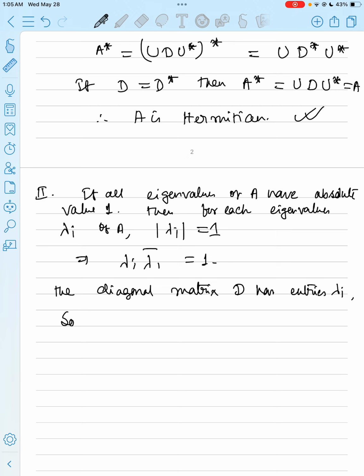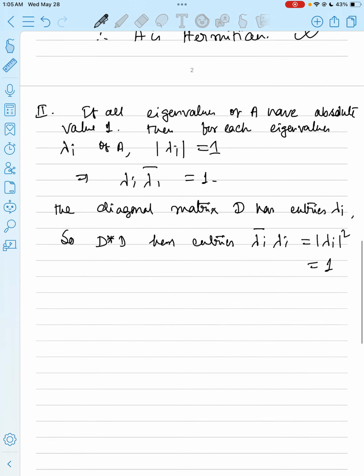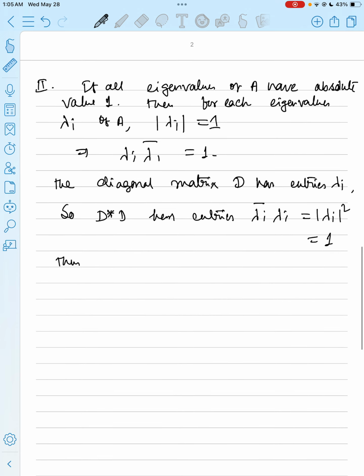So D star D has entries lambda i bar times lambda i, which is the absolute value of lambda i squared, which is 1. Thus D star D is the identity.